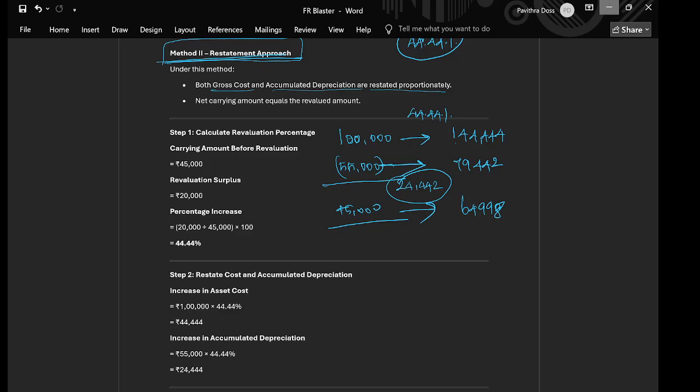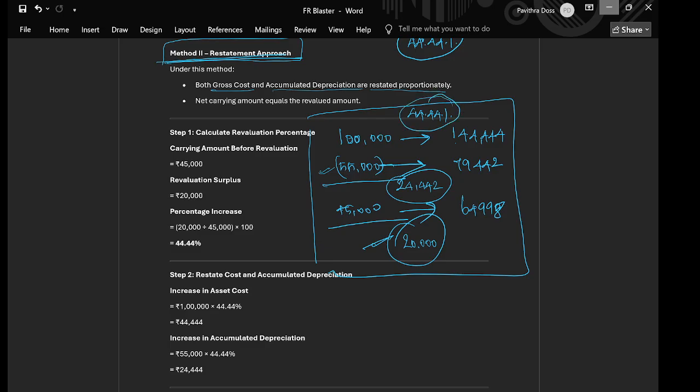So the difference is about 20,000, rounded off. So this is the difference, clear? So this is what is happening. The depreciation is not eliminated; rather, everything is being restated by the percentage of the difference.